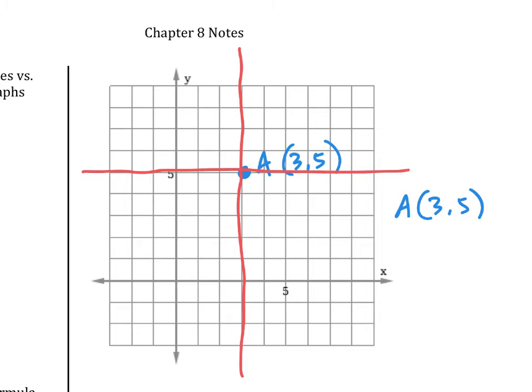And so what happens is, okay, let me rewrite this. A, that was 3, 5, that was in the old axis. And now A being the new origin, which we're going to call 0, 0, is in the new axis.